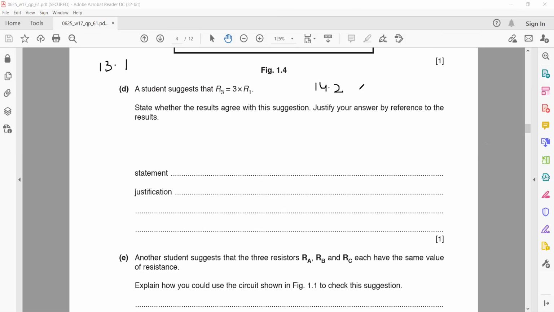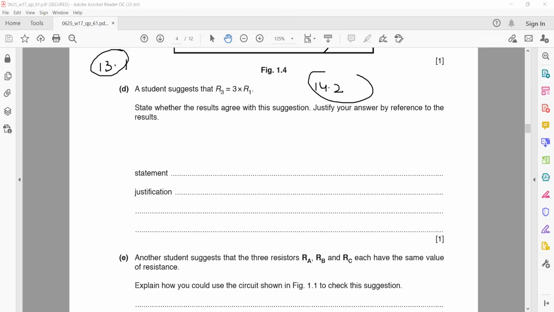But practically, when you're doing an experiment, there are sources of error, so you will not get the exact answer. So you have to work out this percentage difference. By looking at the numbers, it appeared that they are not the same, but when we calculate the percentage difference, it was 8%, which is less than 10.